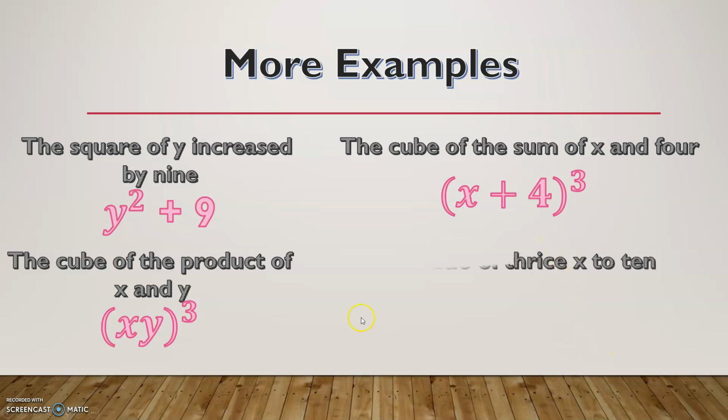And last but not least, the ratio of thrice x to 10. When you say the ratio, it will be under division. Thrice x will be the numerator, to 10 will be the denominator, so we will have 3x over 10.